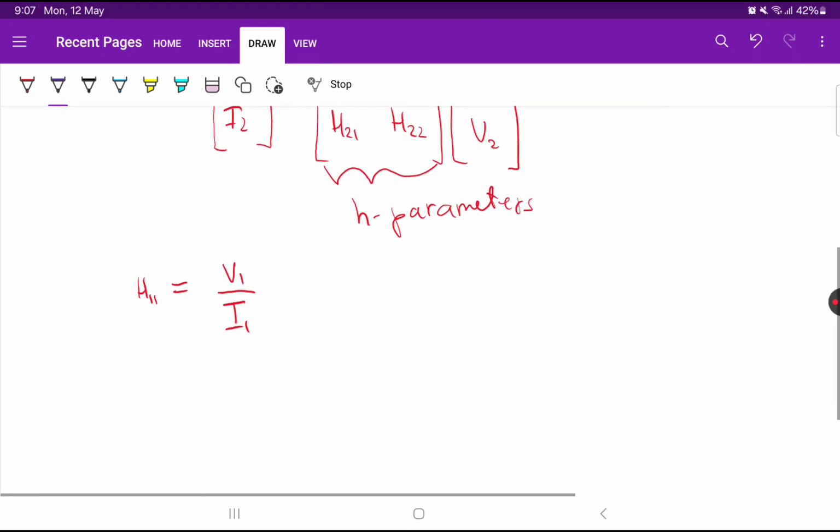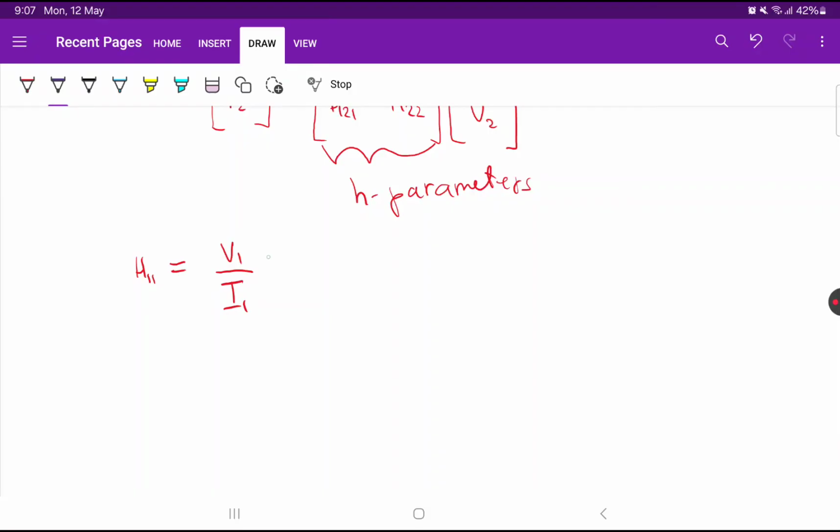So let's go back to H11. To solve for H11, it's just V1 over I1. I use V1 over I1 because I know that the unit for H11 must be ohms. So to solve that, it's just an impedance. I just need to divide the voltage and the current. Z is equal to V over I. So it must be voltage in the numerator and current in the denominator.